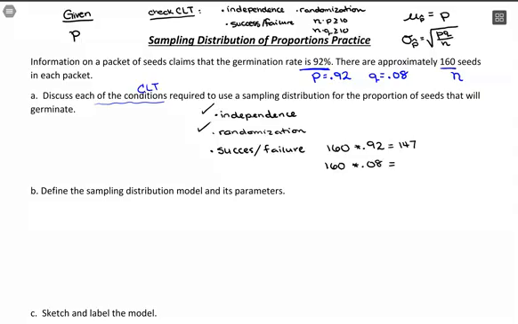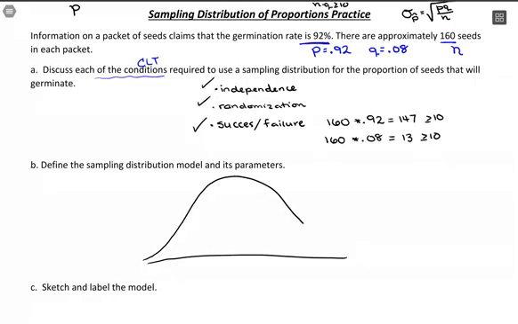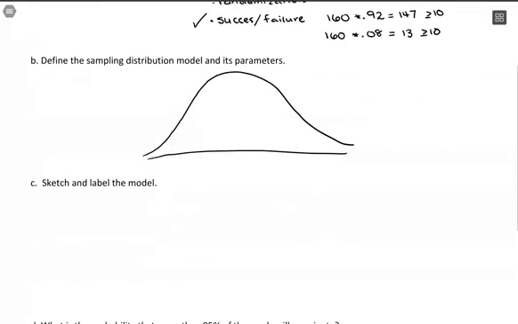This will be 147, and this will be 13, which are both more than or equal to 10, so we pass that success-failure condition. Because we pass all three conditions, we know that we have a bell-shaped curve. It basically allows me to draw this for our distribution. Nice bell-shaped curve.